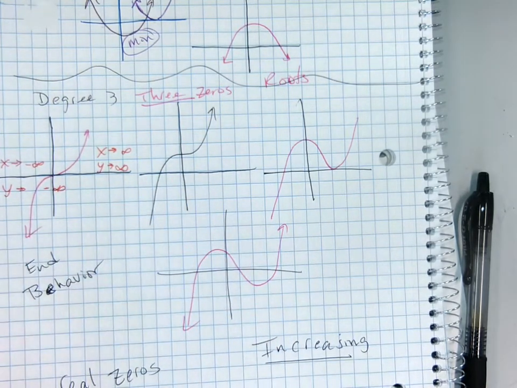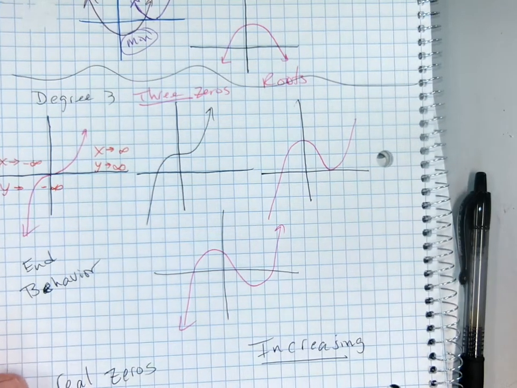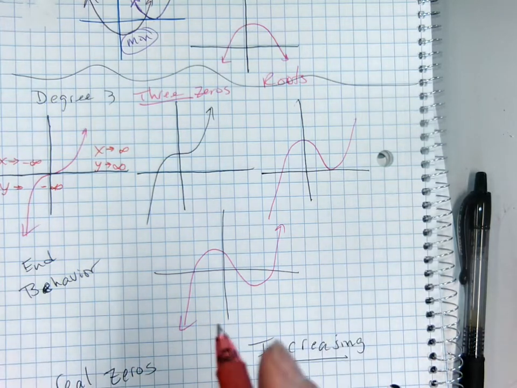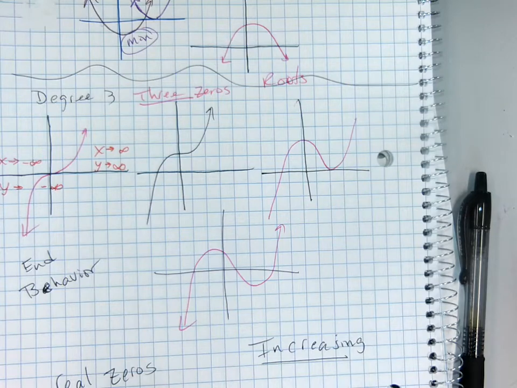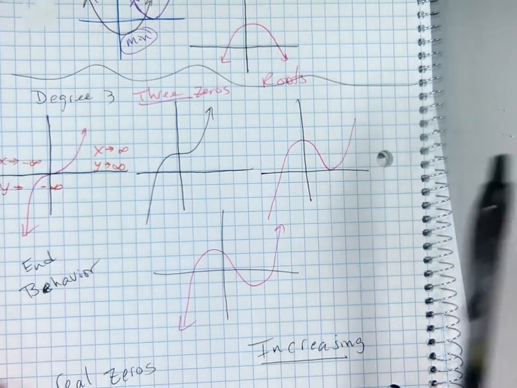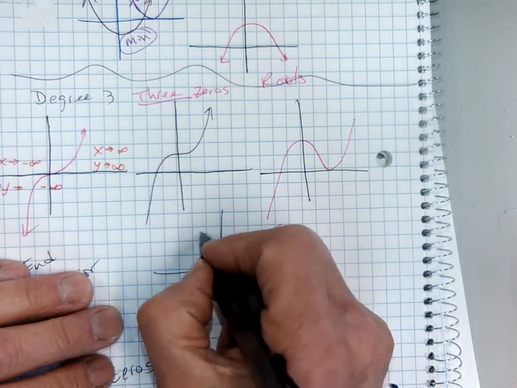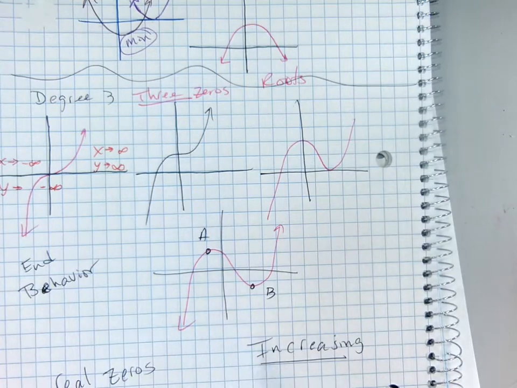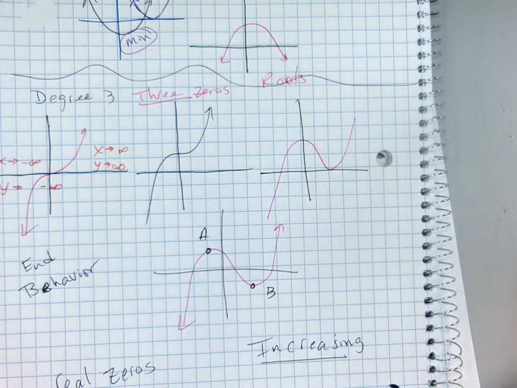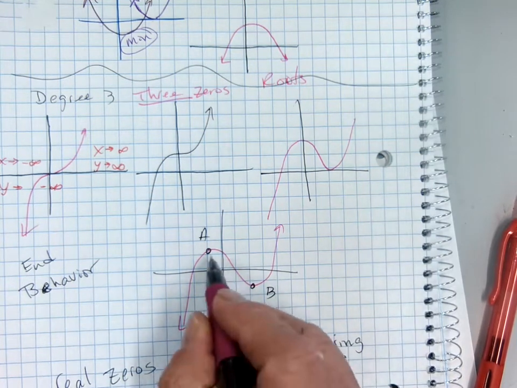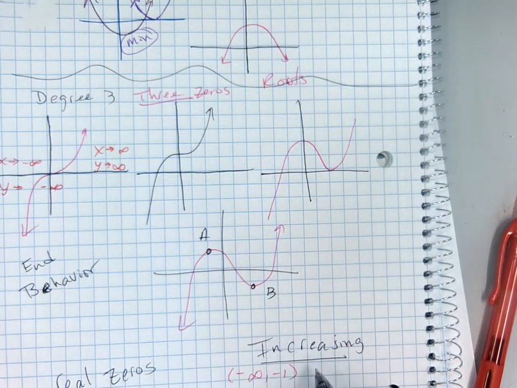But it's not always like that. For example, we took a look at one that has a slightly different orientation. We'll look at that one coming up later, okay? Now, increasing and decreasing. Let's take a look at this graph right here. Let's call this point A, point B. This graph is increasing from negative infinity to point A, which is probably negative 1 for the x.